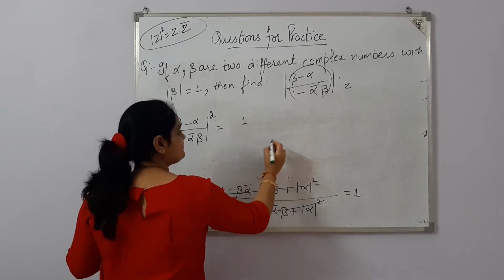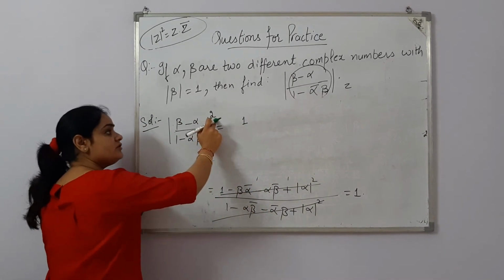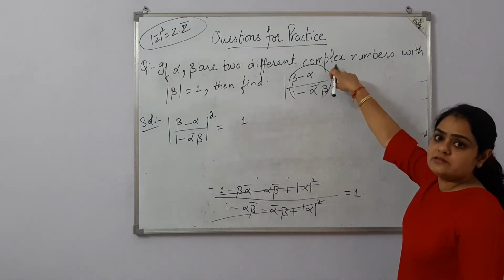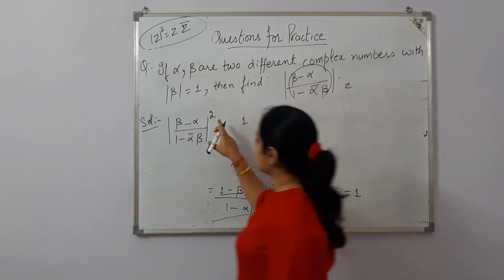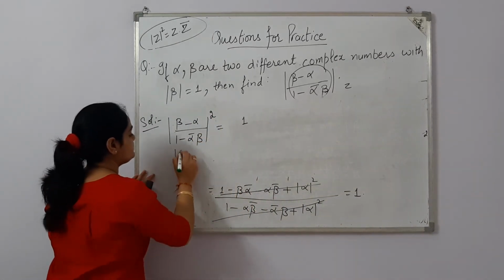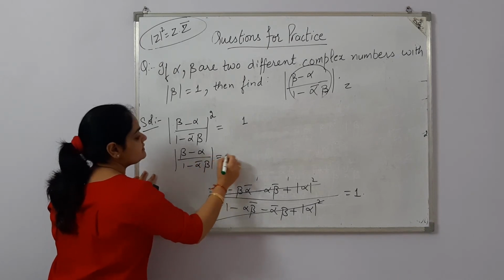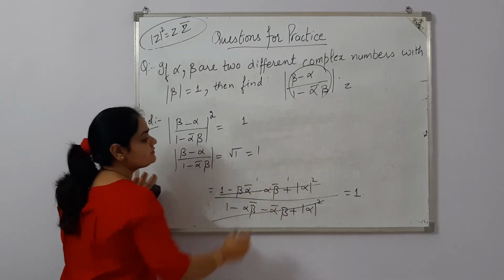It is 1. Now here it is power 2. We need the value but without power 2, we need it with power 1. So whenever this power goes to the other side, it becomes under root of 1, which is 1.